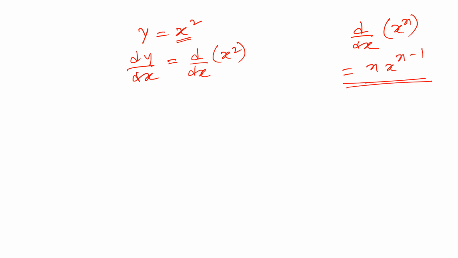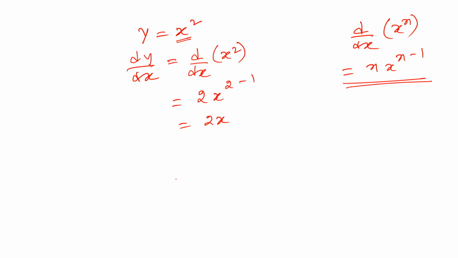With the help of that you can find out the derivative of a given function. Okay. So in this case I will write down d dx of x square. Here n has the value of 2. So I will write down 2 into x to the power of 2 minus 1. So it is simply 2x. Okay, in this way we have found out the change.